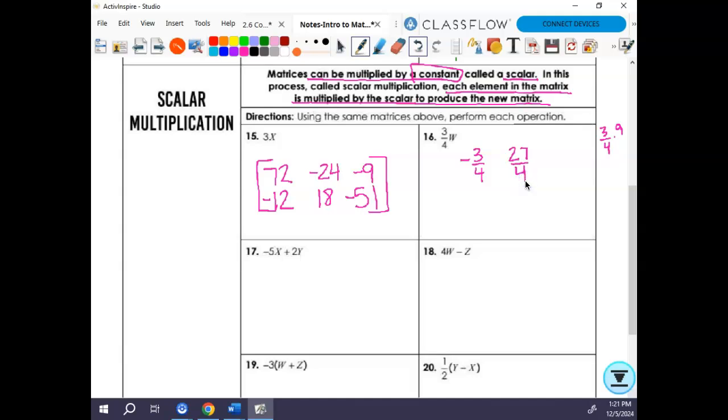And then I'm going to do 3/4 times -11. Would I be able to reduce that? No, so I just multiply straight across and get -33 over 4, because that's what makes sense. And then 3/4 times 15. 15 doesn't divide by 4, right? So what's 3 times 15? 45, so this is 45 over 4. Then I got to do 3/4 times 8.